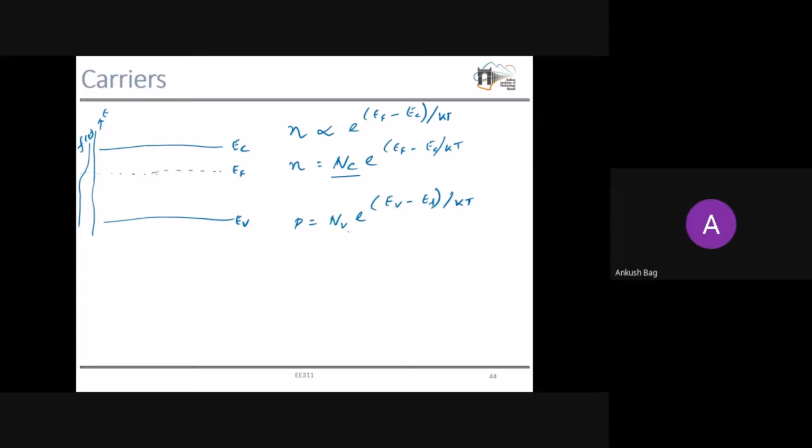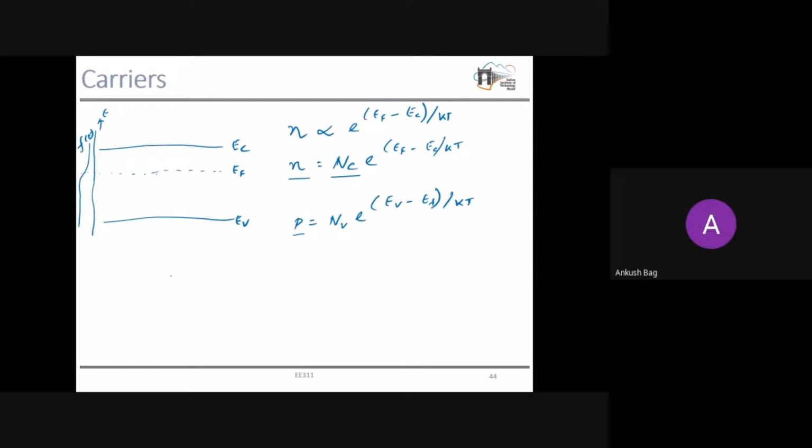So this is the total number of electrons available in the semiconductor, and this is the total number of holes available. Here you can see I have simplified all these different expressions so that we can easily come to this final form.